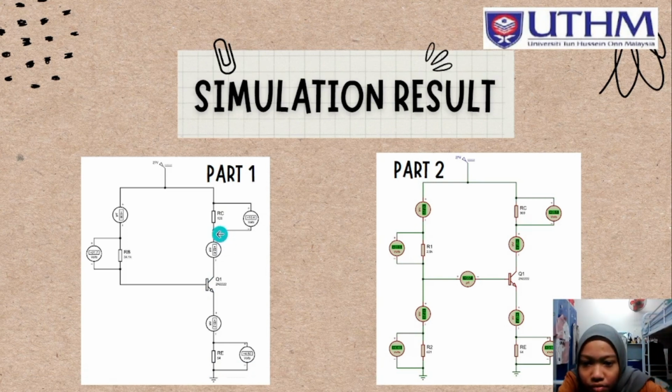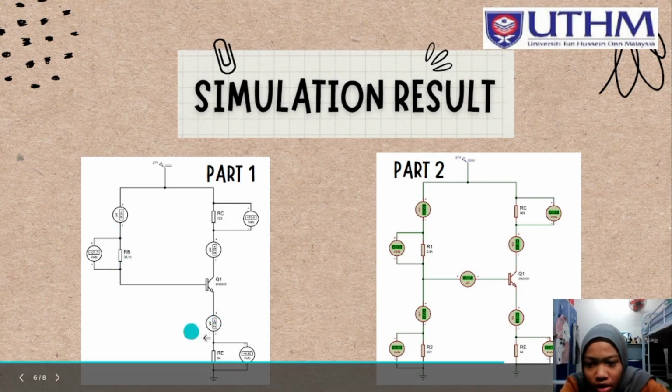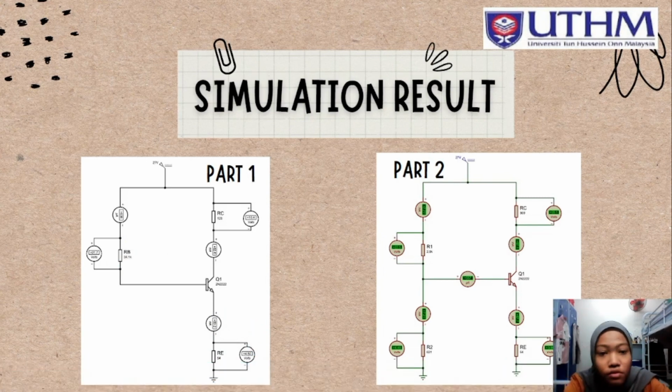We get the current of collector is this, and voltage of collector 10.4 volt, and current of base is this, and voltage base we get 21.7 volt, and this is the current of emitter, and voltage emitter we get 4.5 volt.